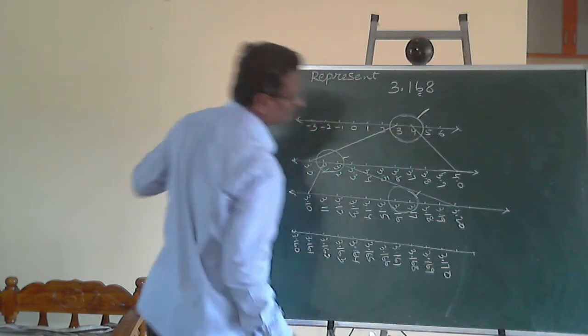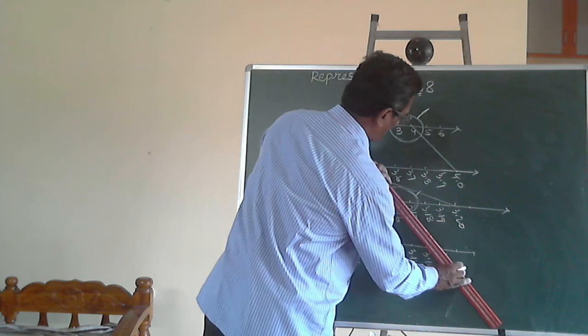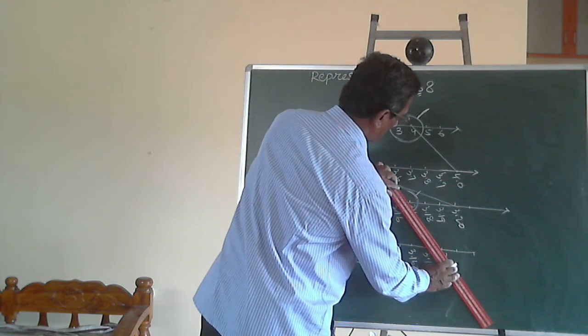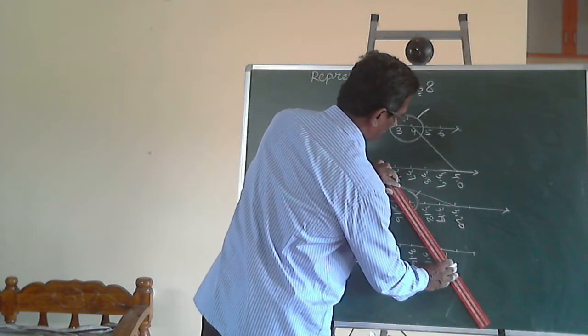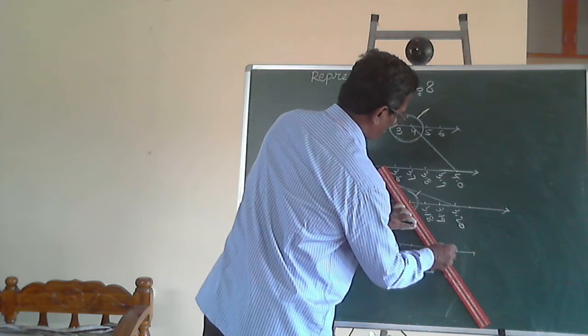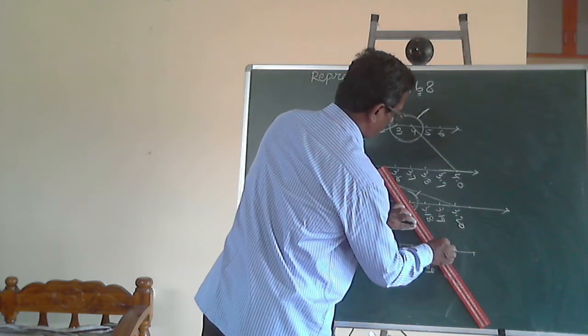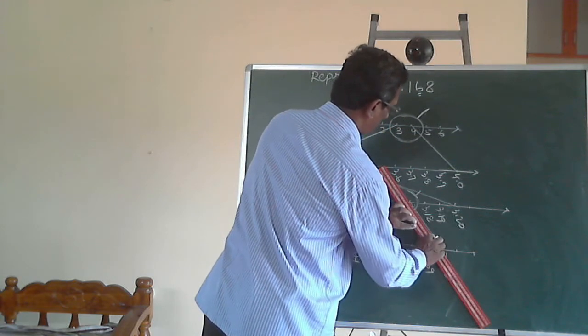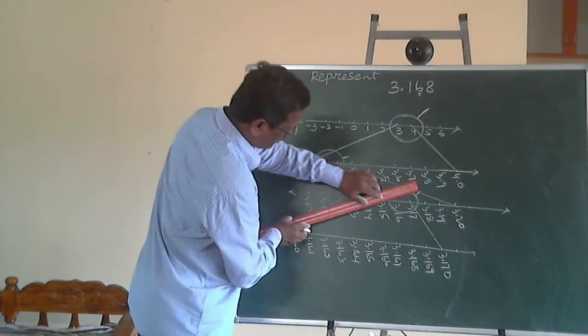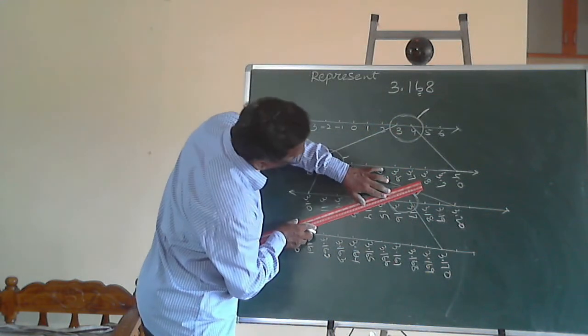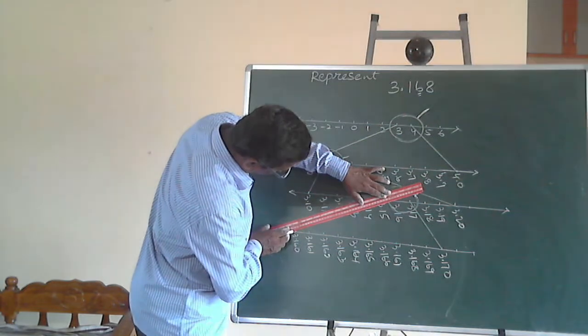This 3.17 is to be joined with 3.170. 3.16 is to be joined with 3.160.